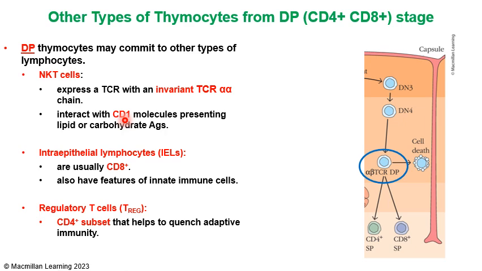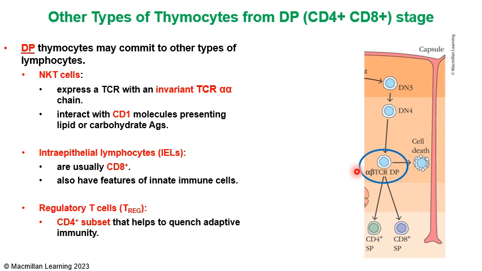It's going to act more or less like the gamma delta guy. It's going to recognize CD1 molecules, and it's going to recognize 3D stuff. So it's mainly part of the innate system, not really of the adaptive system. That's another variation of what can happen to the development of those T cells.